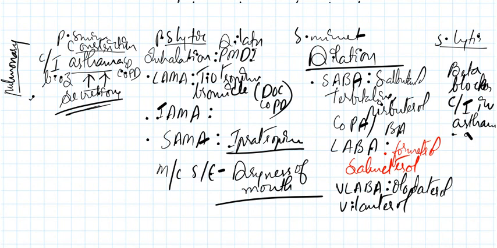Never suggest a beta blocker to an asthma patient, and COPD also. But one exception is there, but it's not that important. Cardioselective beta blockers can be used, but with very much caution, only you can use cardioselective beta blockers. The rest of the beta blockers are highly contraindicated in asthma as well as COPD.